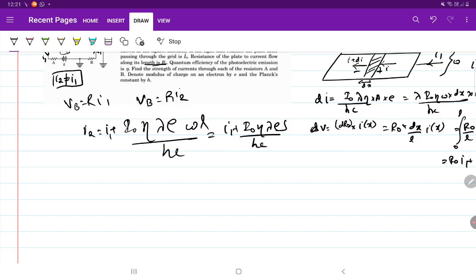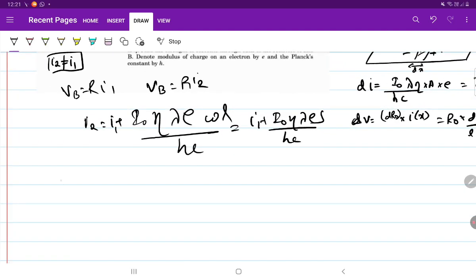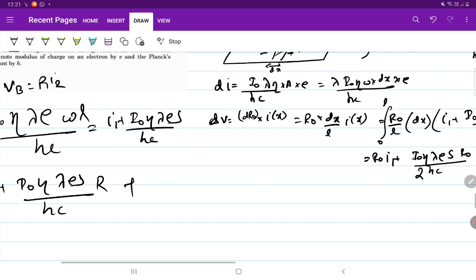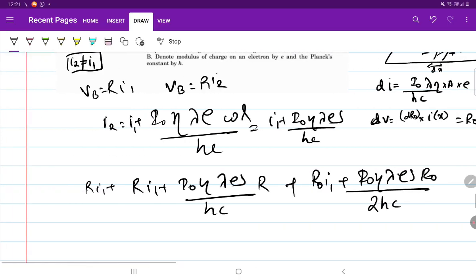Summing the voltages, you get R I1 plus R I1 plus I naught eta lambda e s by hc into R, plus the voltage across the plate, which comes out to be R naught I1 plus I naught eta lambda e s R naught by 2hc.